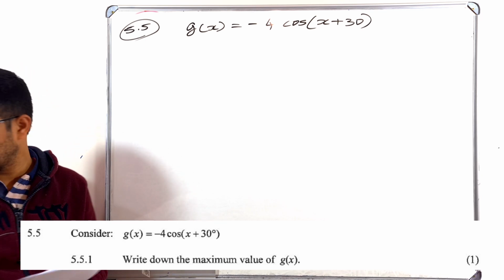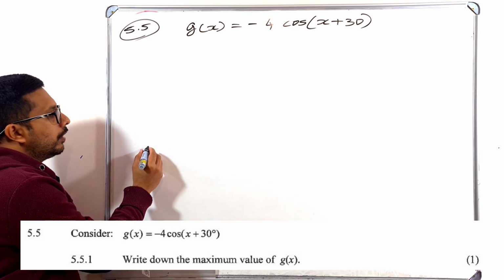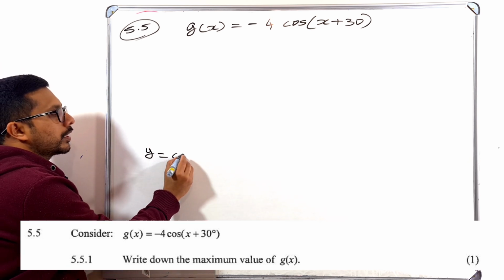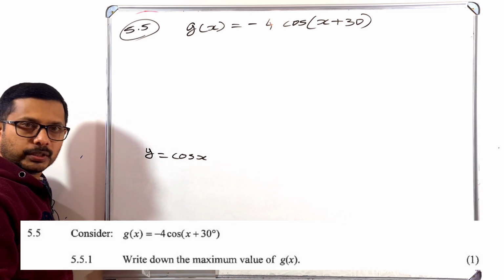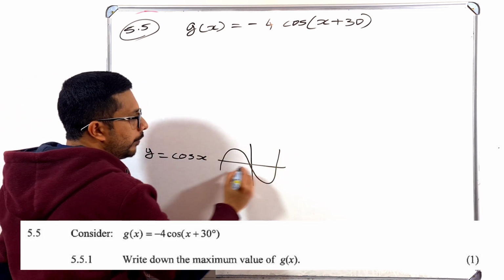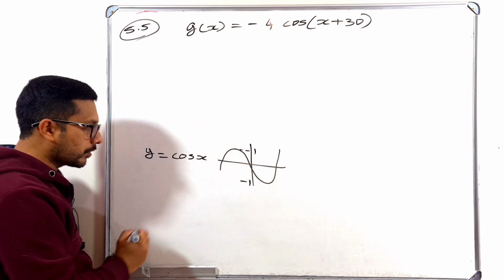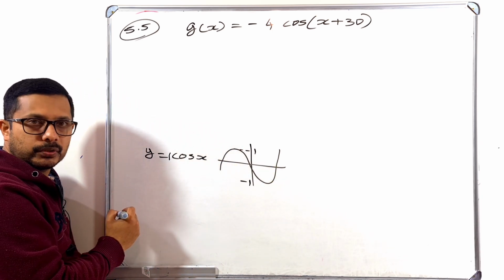Minus 4 stands for, if it is let's say y is equal to cos x, then here the maximum value is 1 and the minimum value is minus 1, because here the amplitude is 1.